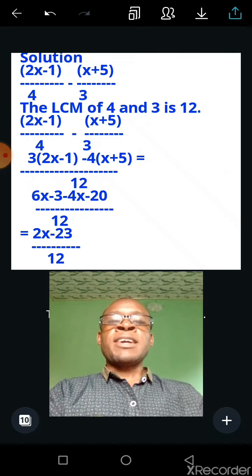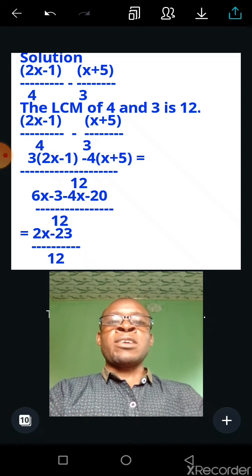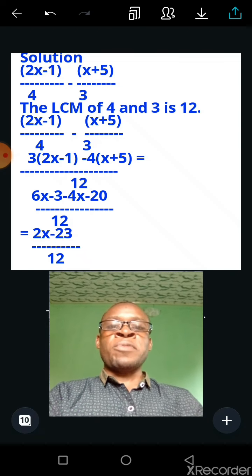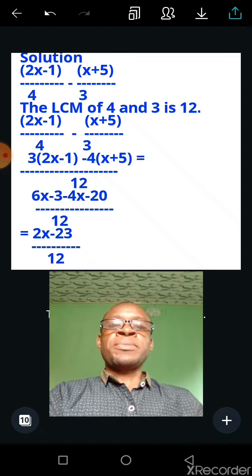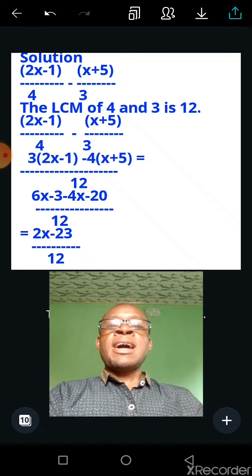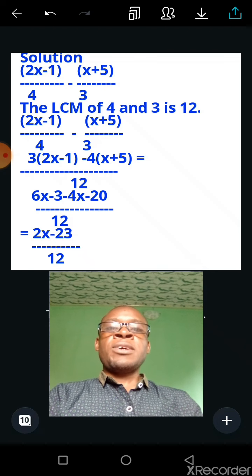Solution. Bracket open 2x minus 1 bracket close all over 4 minus bracket open x plus 5 bracket close all over 3. So we'll find the LCM of the denominators, which is 12. We now use the denominators to divide the LCM one at a time and use the result to multiply the numerators. The LCM of 4 and 3 is 12.